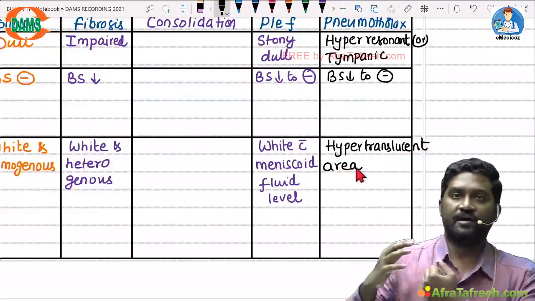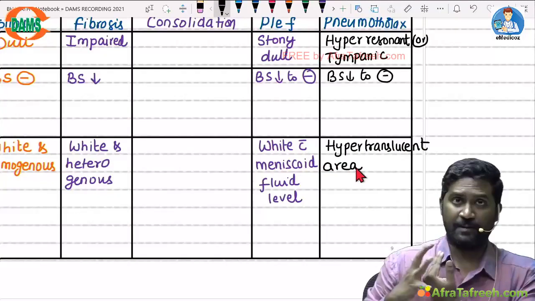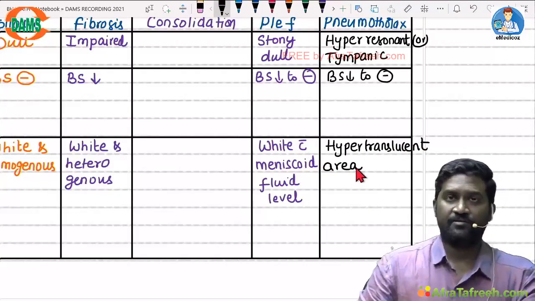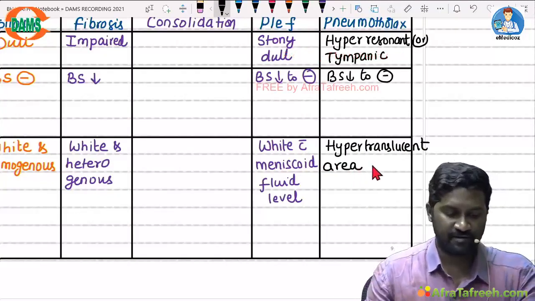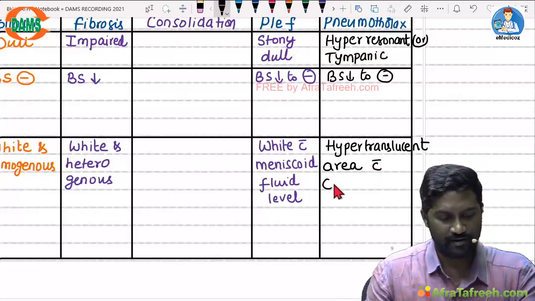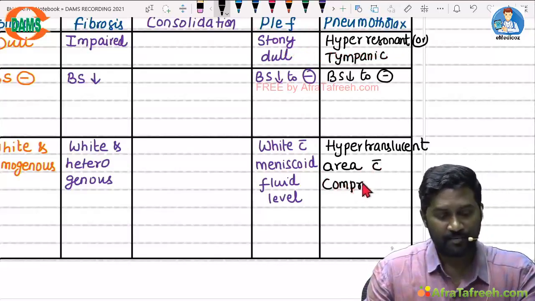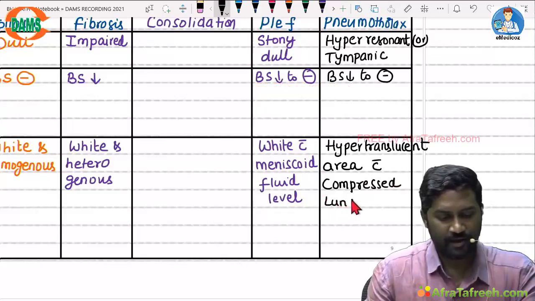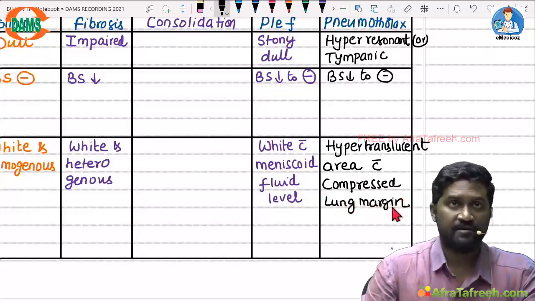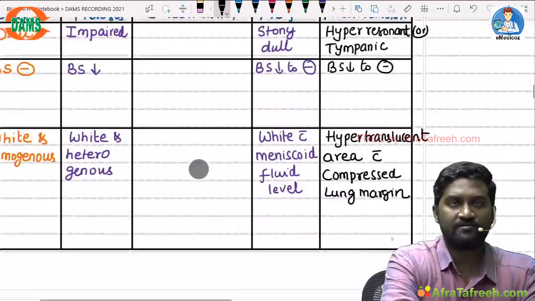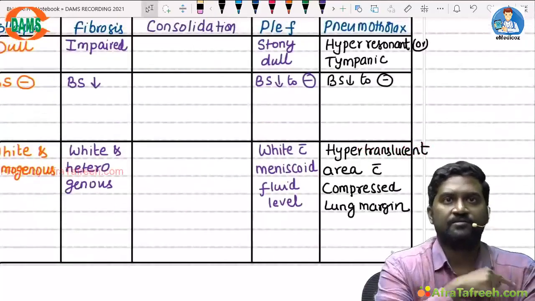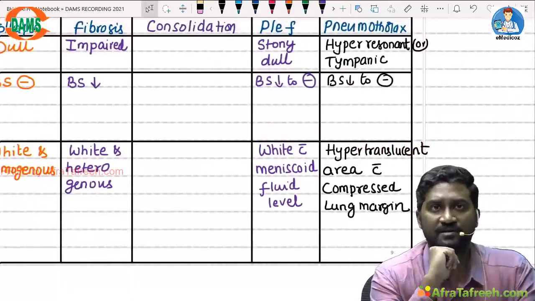Now this air in the pleural space is compressing the lung. So along with the hypertranslucent area, you should also identify the compressed lung margin. When you see the chest X-rays, you will understand all this very well. So there will be a hypertranslucent area with compressed lung margin.